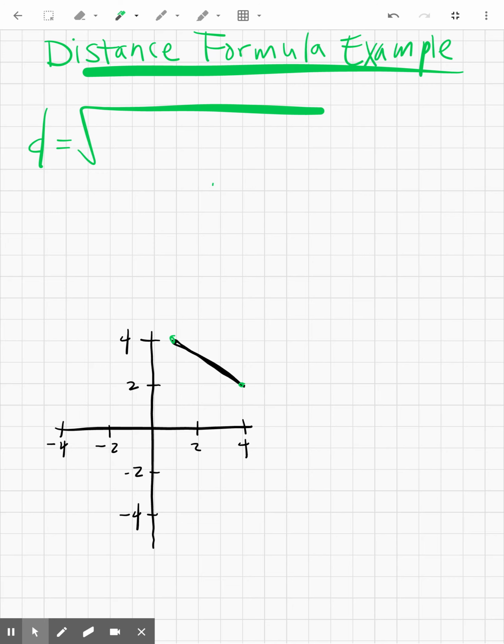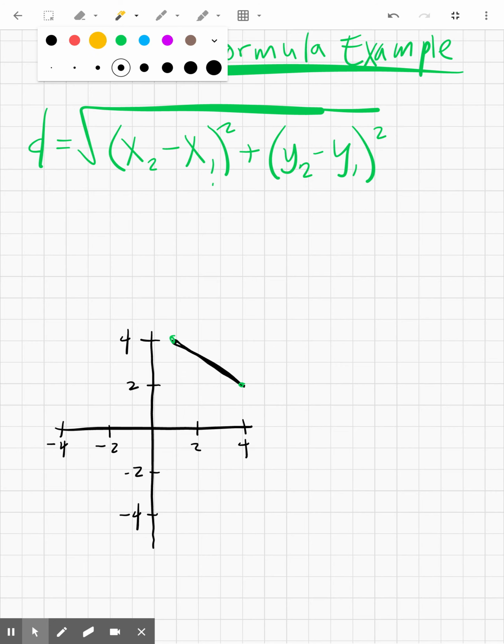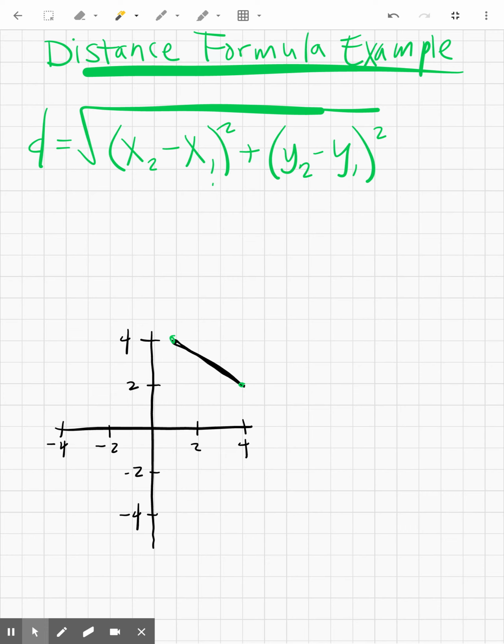the distance of a line is going to be the square root of your x2 minus x1, and I'll explain all this, squared, plus y2 minus y1 squared. Okay, now let's talk about what x2 and x1 are and what y2 and y1 are.